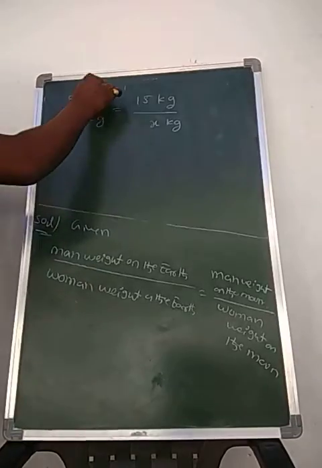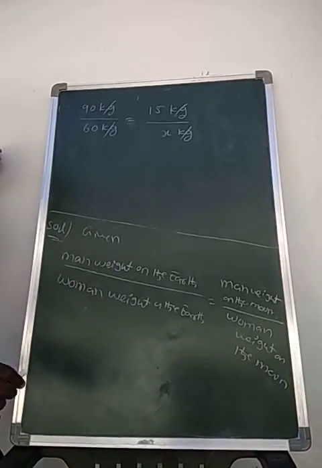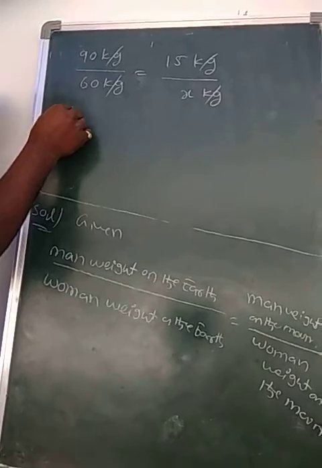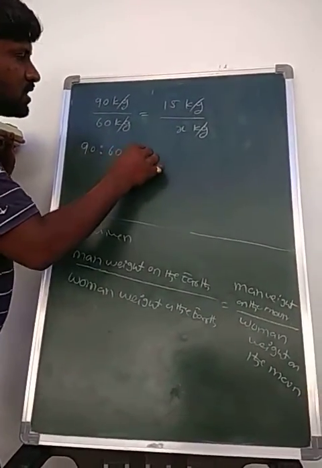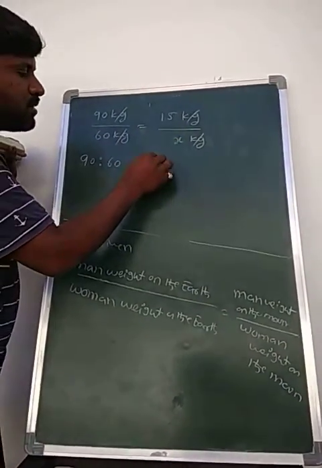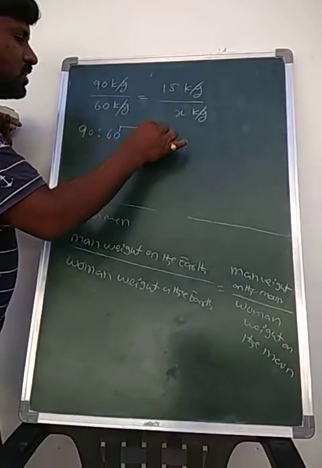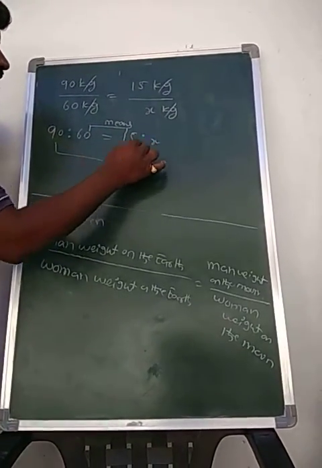So the kg units cancel. 90 by 60, I am writing like this: 90 is to 60 is equal to 15 by x, 15 is to x. We know these are what? Means. And these are what? Extremes.